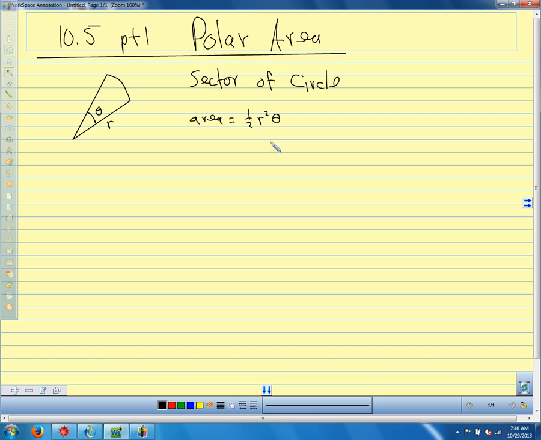So what we're going to do is subdivide our region expressed in polar coordinates into tiny little circular sectors. So we're going to say we have some function r equals some f of theta, and we want the area from theta equals some angle alpha to some other angle beta.